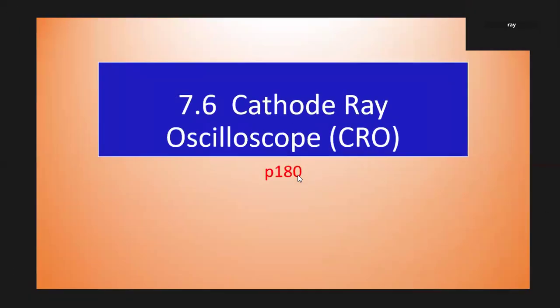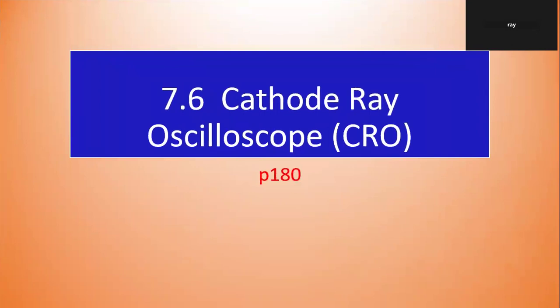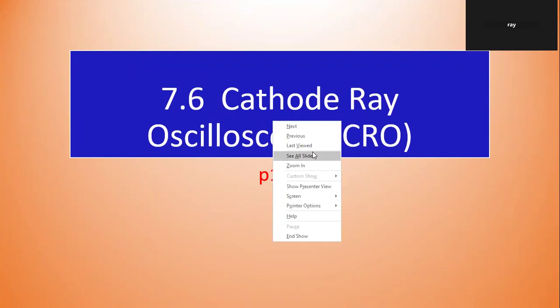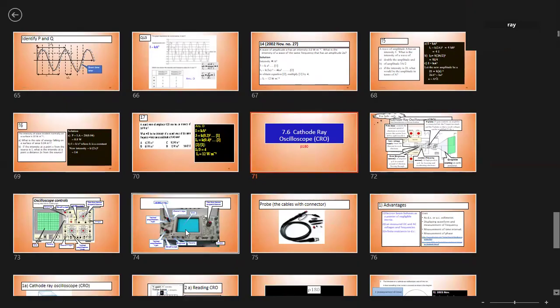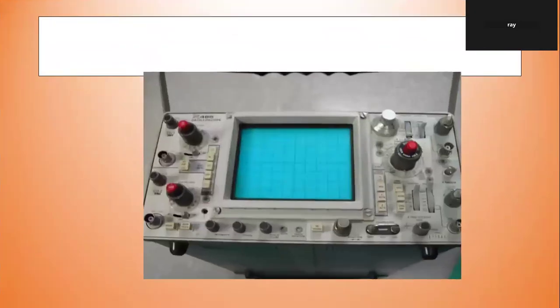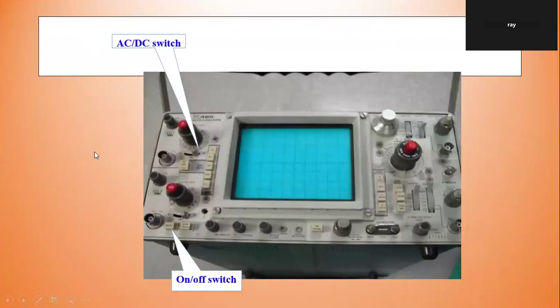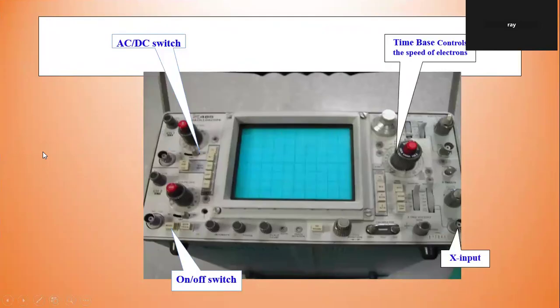Let's go to the CRO, 7.6, page 180. I won't review with you how it works. This is the one that you use in your lab. We tend to pamper the students, this is more expensive.